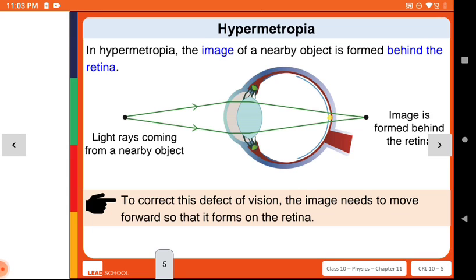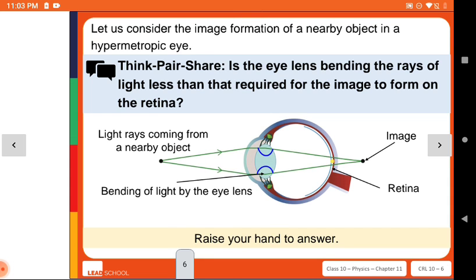In case of hypermetropia, the image is formed behind the retina, so the image is not properly on the retina. The image is behind the retina when the object is nearby.